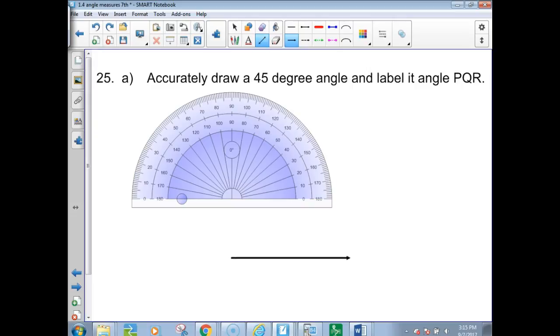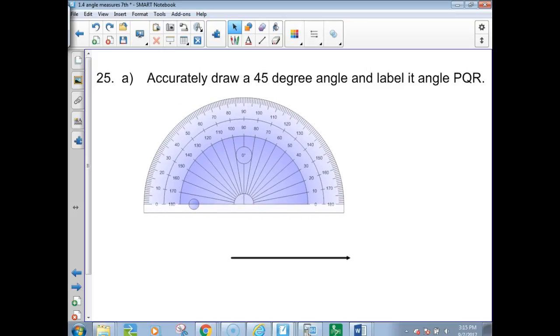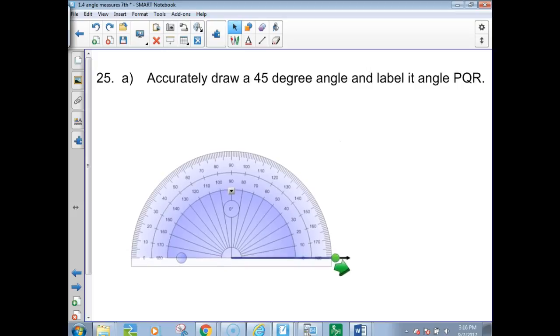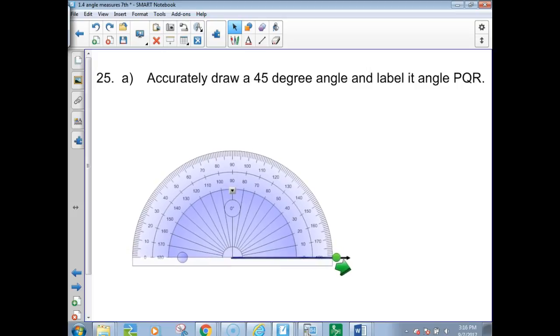Just make one with a straight edge. Grab the protractor. Put this part right here where the lines cross right there. Put it on your ray. Like that. You want it to point on the ray.